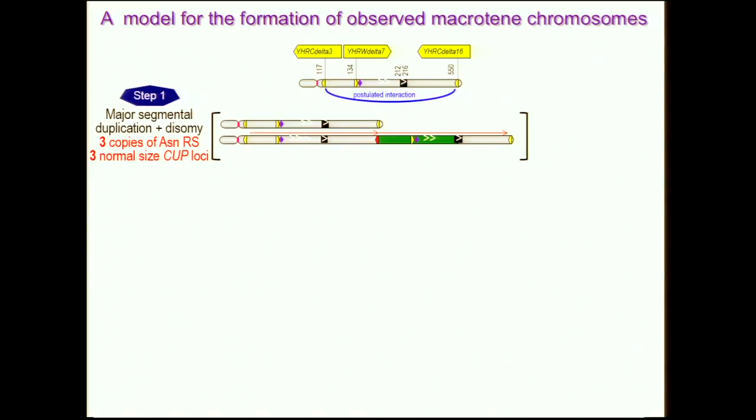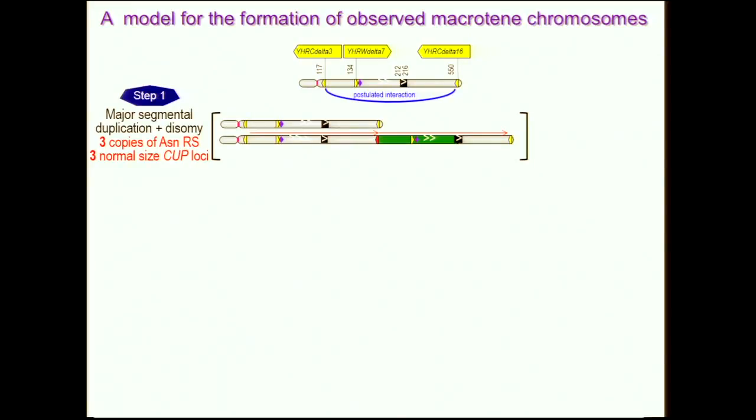We postulated that interaction between those two first creates a disomy, and in this disomy one of the two chromosomes is almost entirely duplicated, because the interaction between that and that duplicates the whole central part, which is shown here.